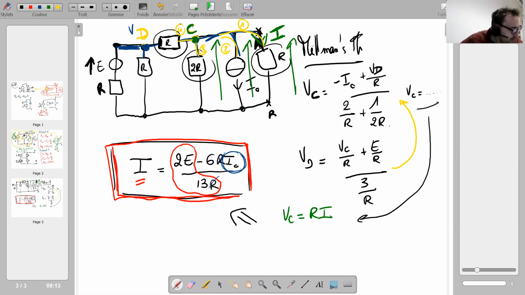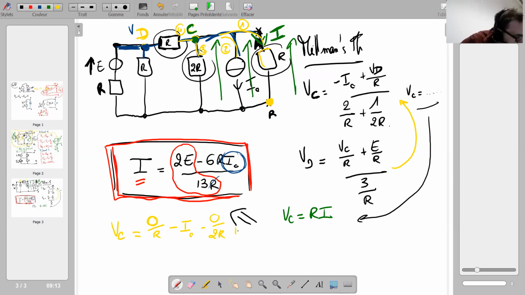And then you have to consider each time if there is some voltage or some current through them. So for VC, first branch, you have a potential of 0, which is this potential here, so 0 over R. Then branch number 2, only a current in the opposite direction, which gives you minus I0. Then branch number 3, you still have 0 over 2R.